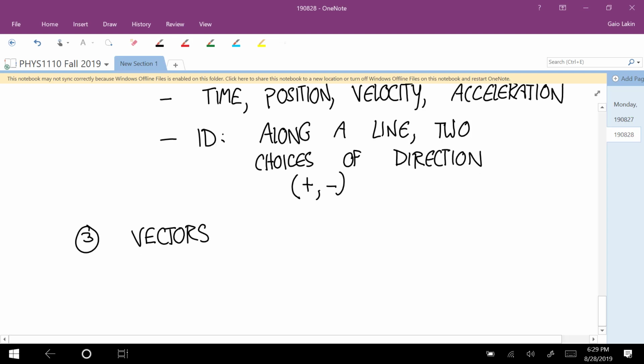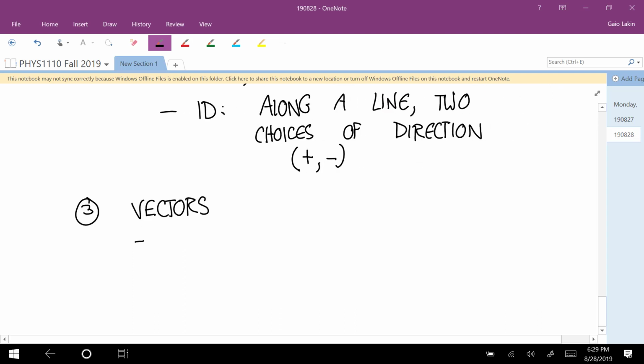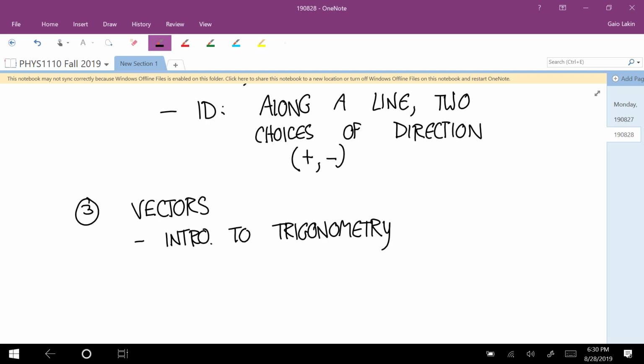And before we can do that, we have to go through a little introduction to trigonometry, just sort of the basics of trigonometry. And then, what is it about vectors that's useful in physics? What's useful is vectors give us a way to represent direction in 2D and 3D.